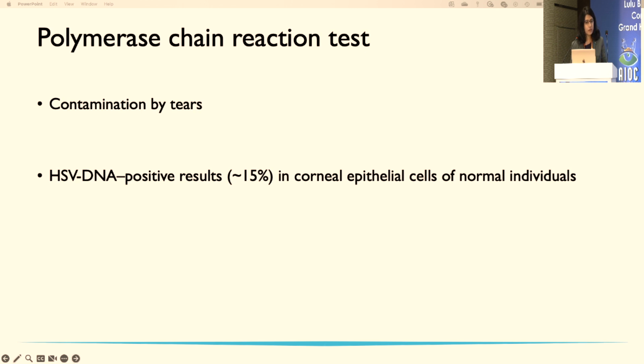It can also be present in the corneal epithelial cells in around 15% of the population. And so to circumvent these limitations, we have tests such as RT-PCR, which quantifies how much viral load is there in the sample that we have taken, and therefore we can differentiate between a carrier status and an active infection.